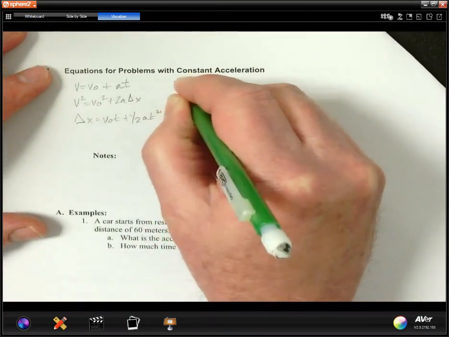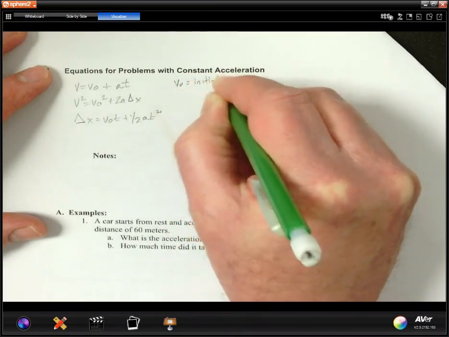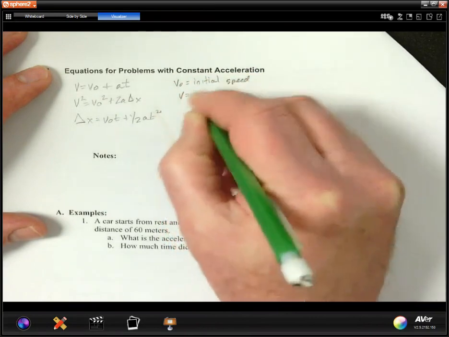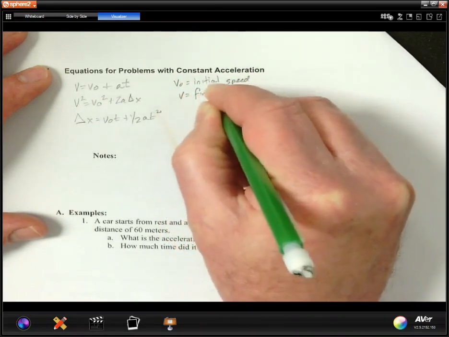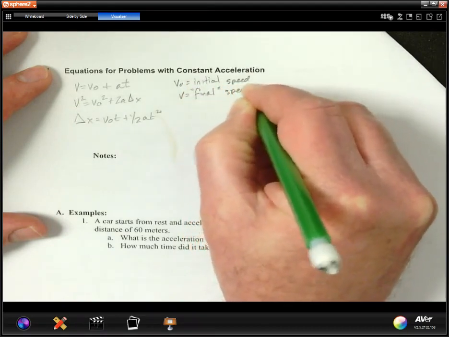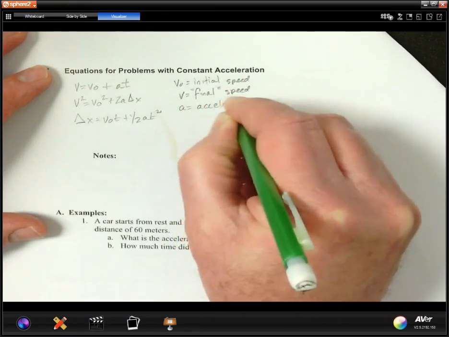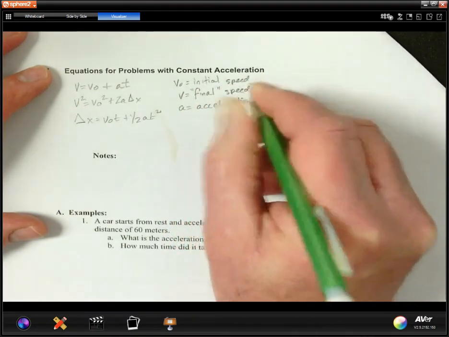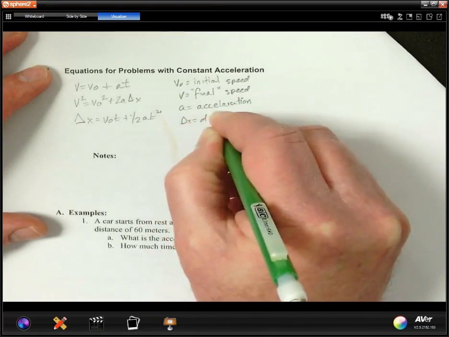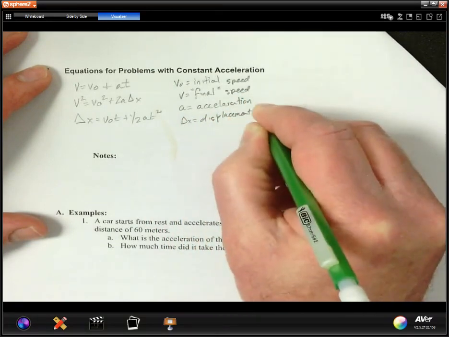So v0 is the initial speed. v is the final speed. a is acceleration. And we know that delta x is displacement or distance.